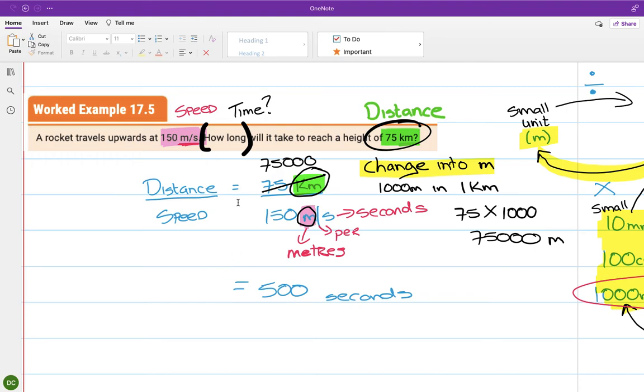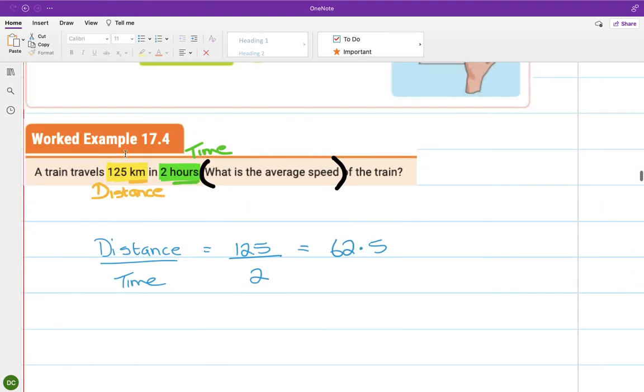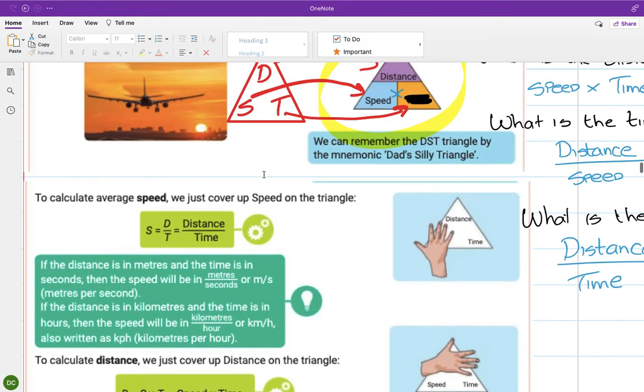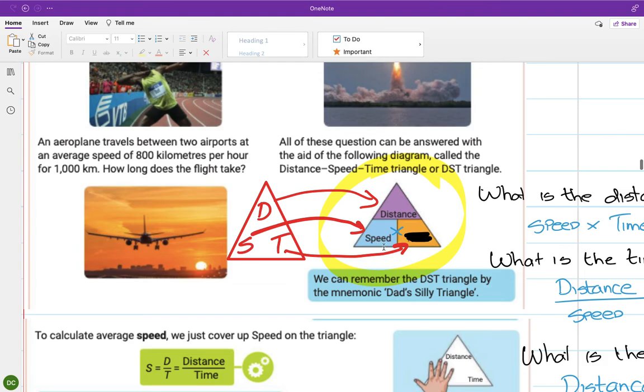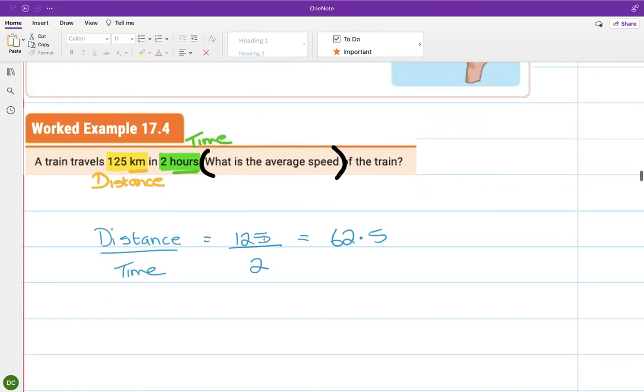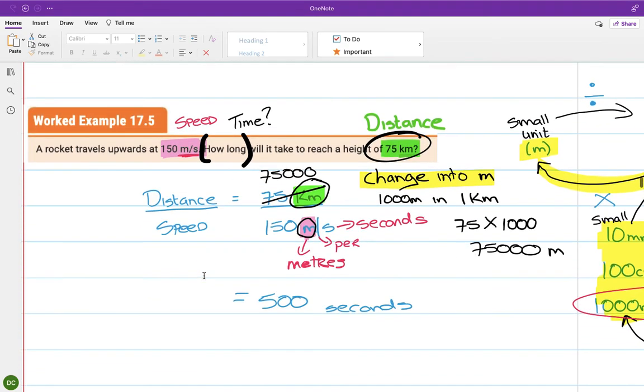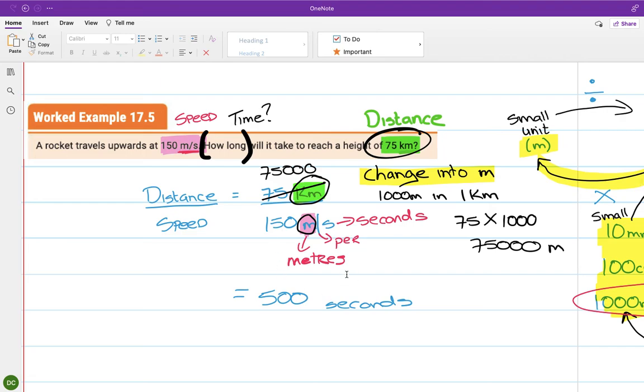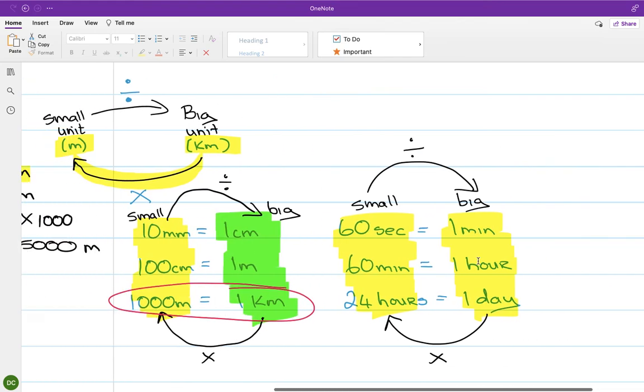So it's literally just about going through the question, identifying what you've been given, figuring out what your question is, going back up here, finding your formula, writing your formula down and filling it in. Just being very careful that the units match. And if they don't, this is how you convert. It is confusing.